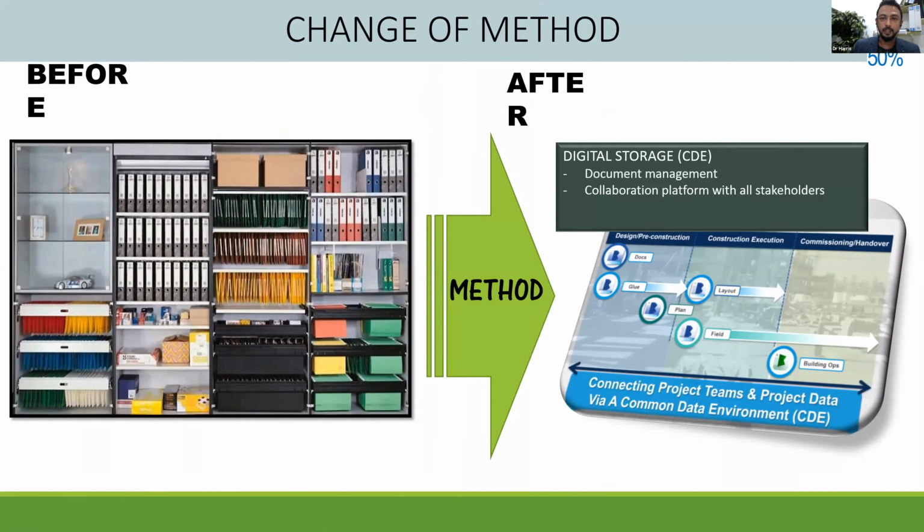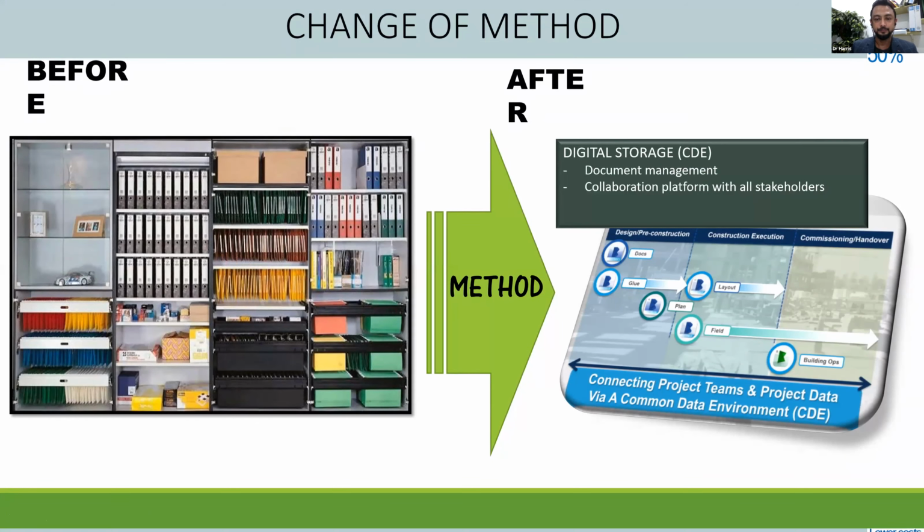And then you have a change of method in terms of the filing, the safekeeping of your information. Previously, you had a shelf to put all your information, and now with the common data environment, CDE, you put all your information and documents in a centralized collaboration platform, where we can share the information with all the stakeholders.